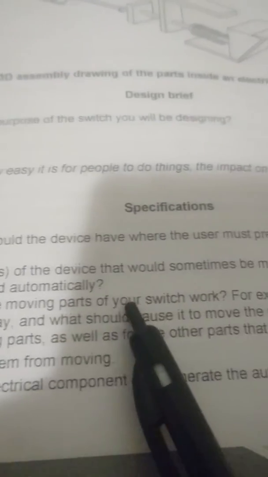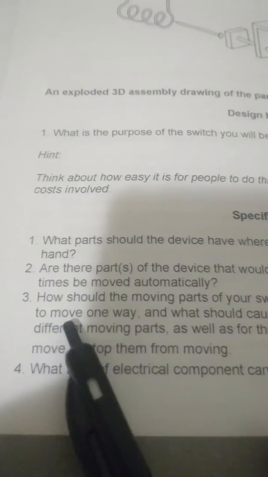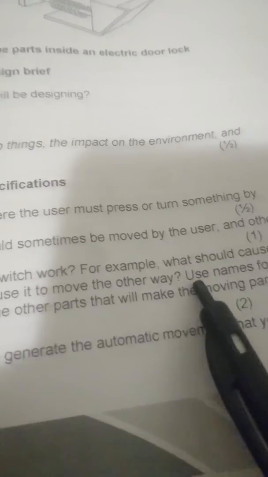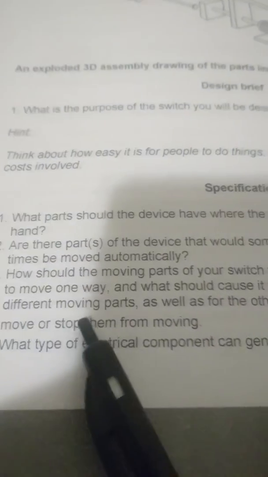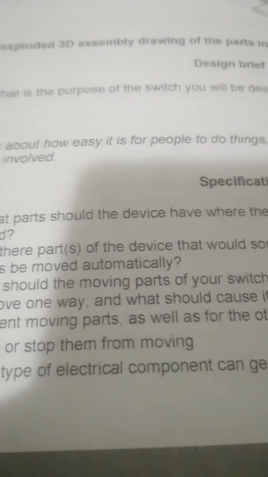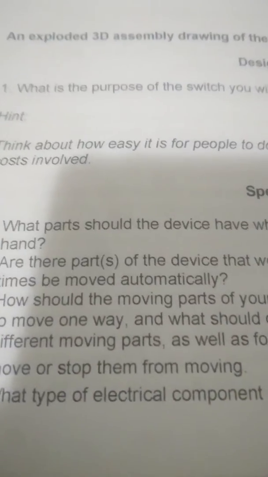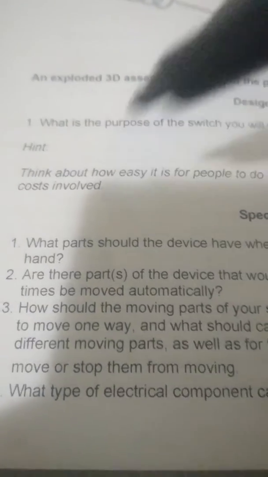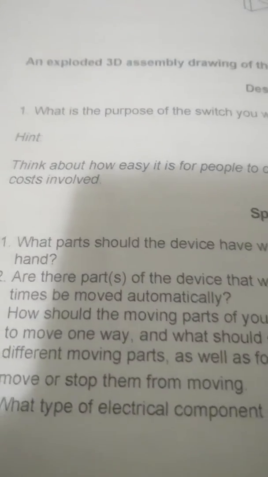How should the moving parts of your switch work? For example, what should cause it to move one way and what should cause it to move the other way? Use names for the different moving parts as well as for the other parts that will make the moving parts move or stop them from moving. Remember that our variable resistor is going to respond to the temperature of the water.